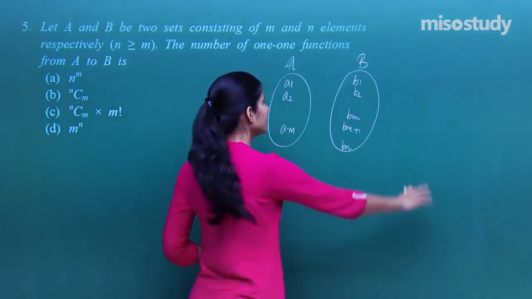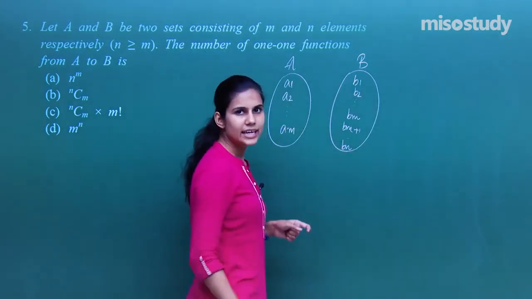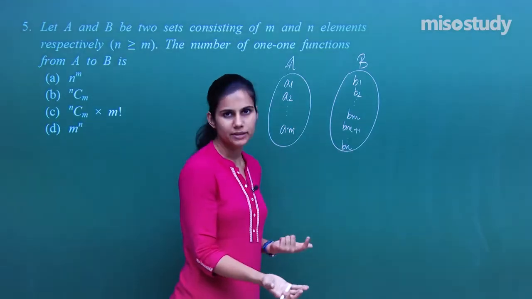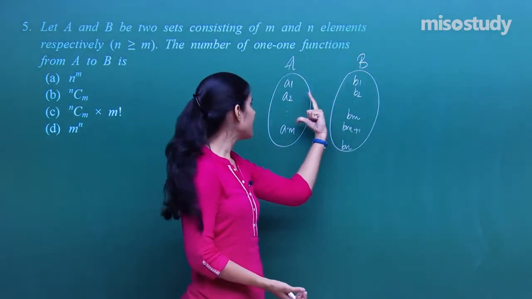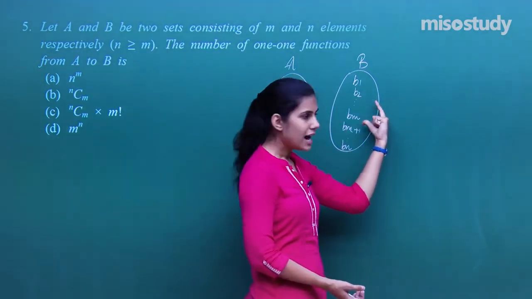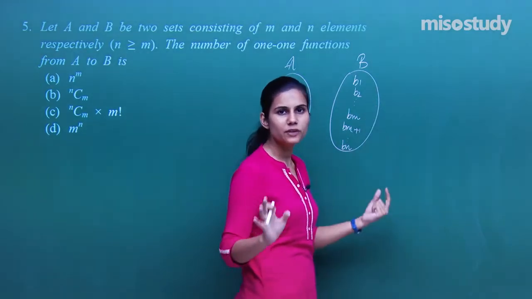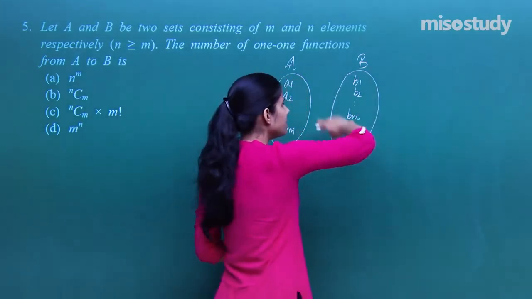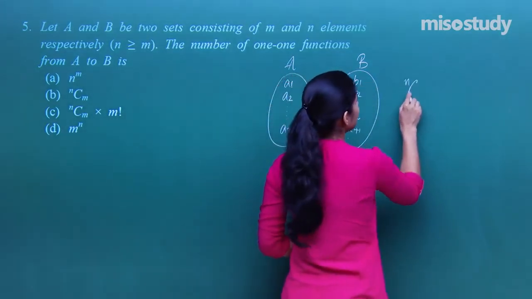So for 1-1 basically you need that each element of set A should be mapped to a distinct element of set B. No 2 elements should be mapped to the same element. That means if there are m elements over here, minimum to minimum there should be m elements over here. Out of these n elements, m elements can be chosen in how many ways? That would be the first task. Out of these n elements, I will first choose m elements, right? So that can happen in nCm ways.